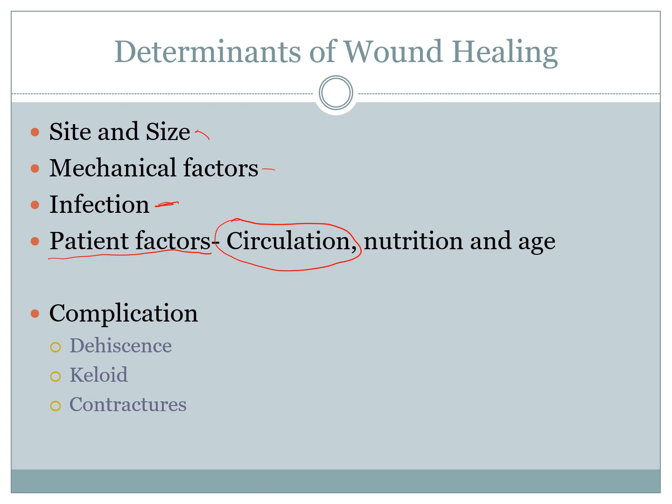Now obviously if they're not getting enough food on board to repair the tissue or regrow the tissue, regenerate it, it's not going to happen. Okay, and the same as age, because their epithelial structures, their skin structures, are not as robust, not as flexible as a young person's, so it often results in delayed healing and then also scarring as well.